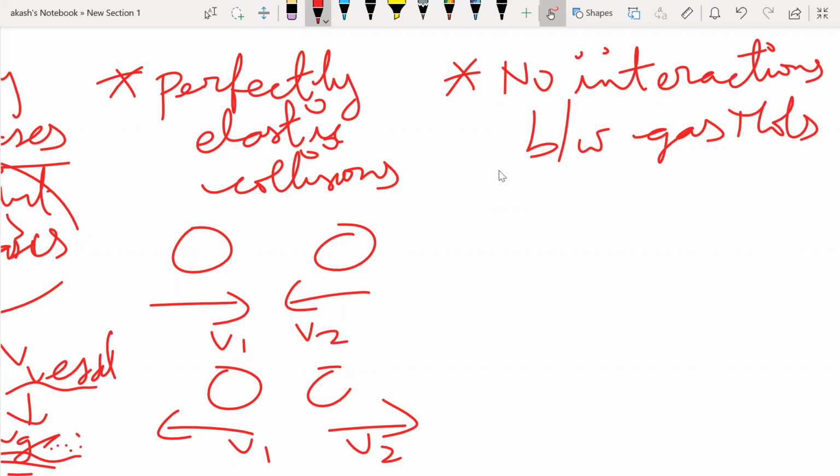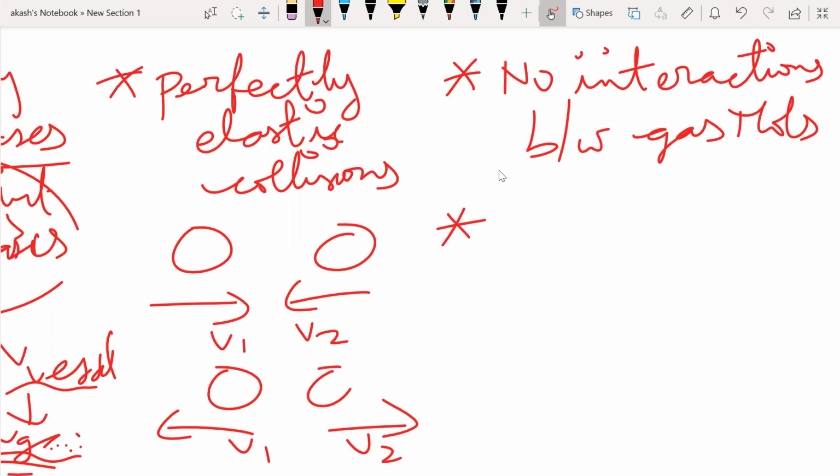That's what it says. But again, we can easily understand it's not going to be true. That's how we'll disprove all this, and we'll take some correction factors for all of these in some time. But for now, these are the points given by kinetic theory. A lot of assumptions are there. So that's about the third point.